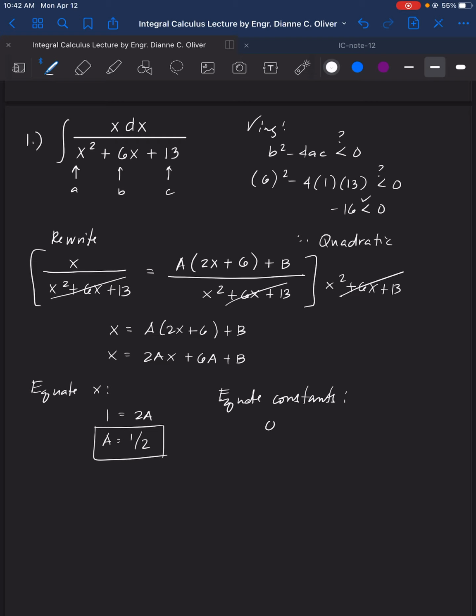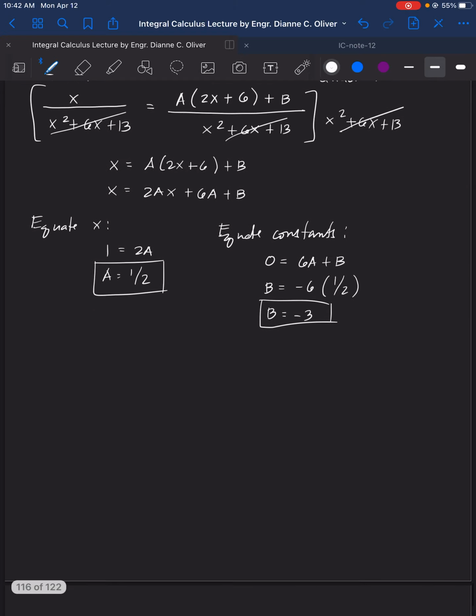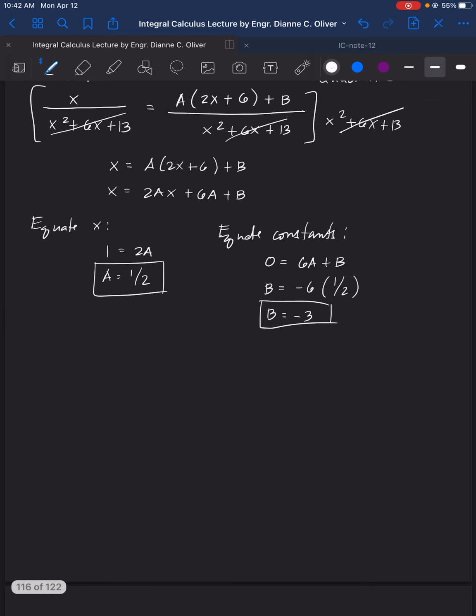So we have no constant on the left side, equals 6A plus B. Now B is equal to negative 6A, which is 1/2. So B is equal to negative 3. So having the values for A and B, let's now proceed to rewriting again.